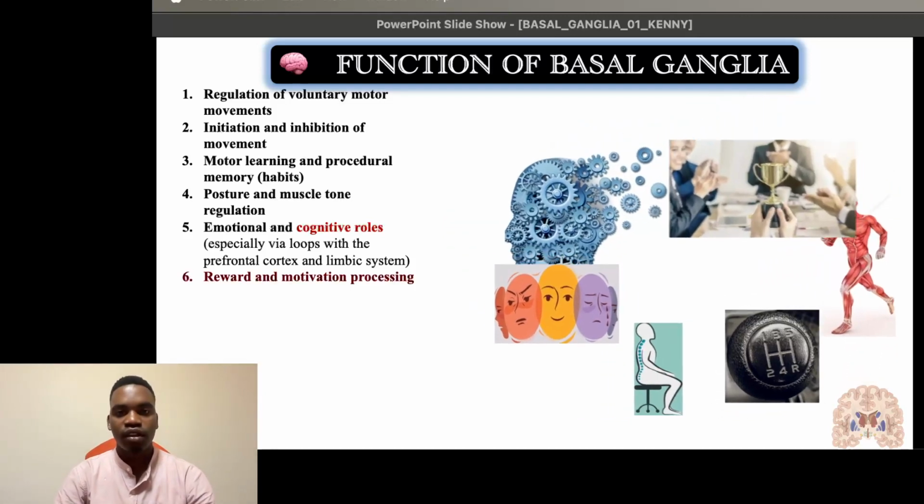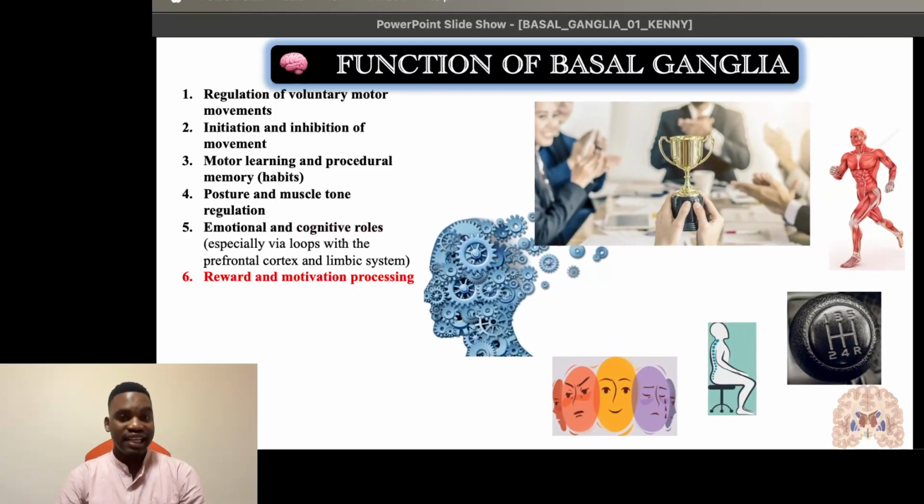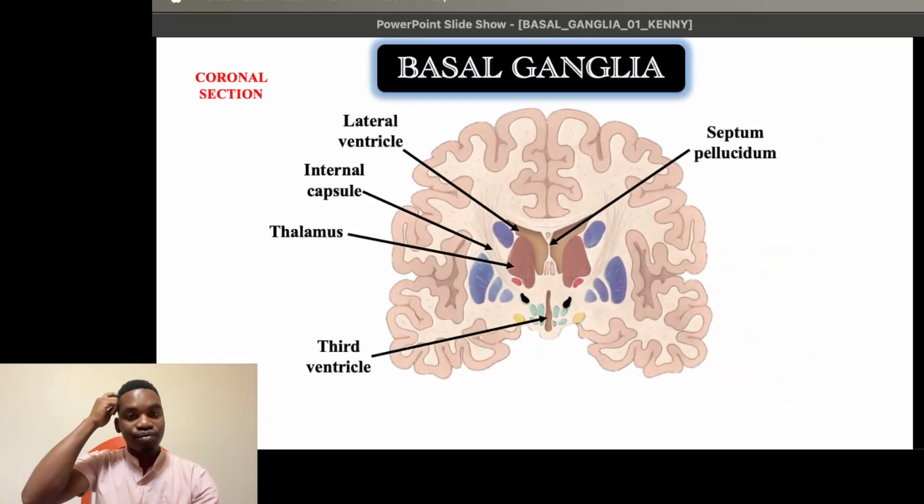Also reward and motivation, highly done by the limbic system, but as well we have some contribution from the basal ganglia.